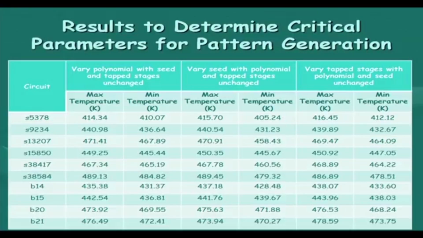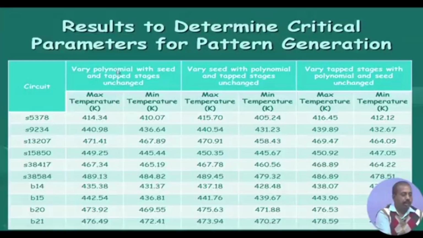If we do an analysis like this on the S5378 circuit, we run it several times by varying the polynomial with the other 2 factors, the seed and the tapped stages, remaining unmodified. We just vary the polynomial of the LFSR and see what the maximum temperature and minimum temperature achieved for this particular circuit are.